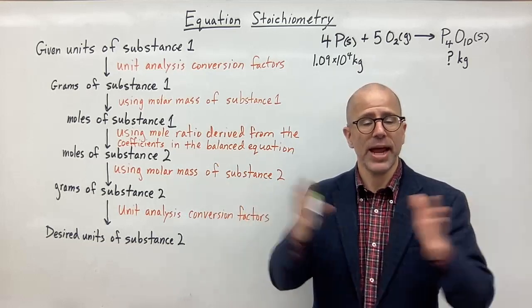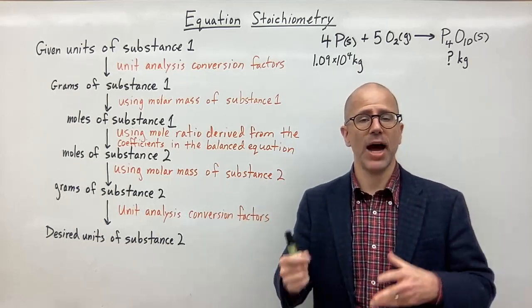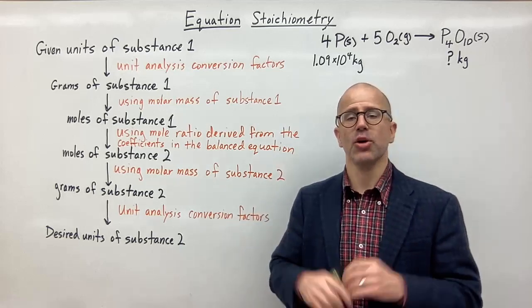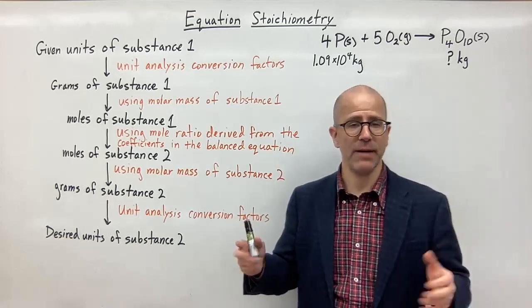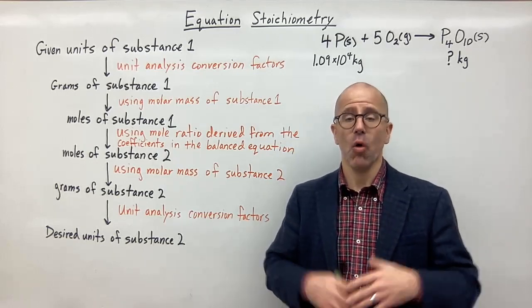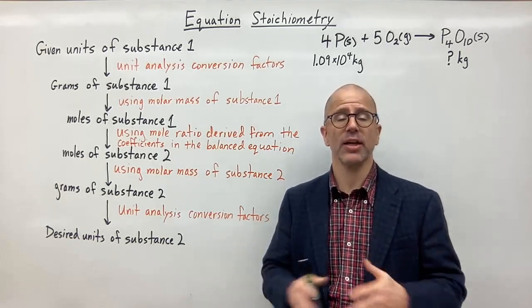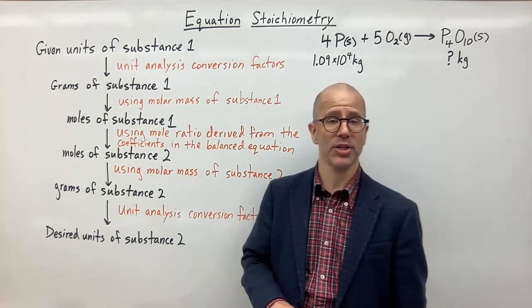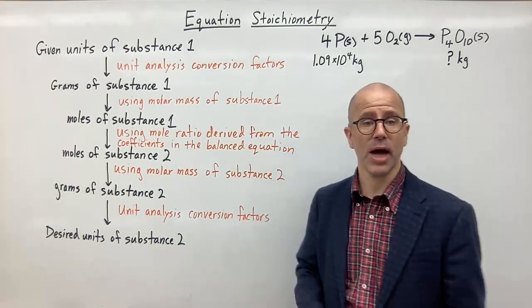So you're going to need a balanced equation for that. Either you're given the balanced equation or you need to come up with the equation and balance it yourself. Either way, you're going to need that balanced equation to do this process.